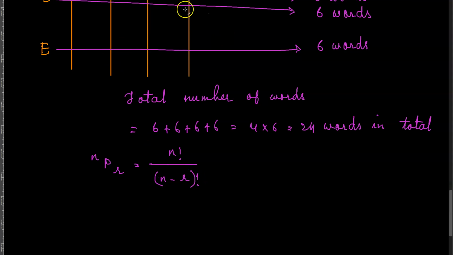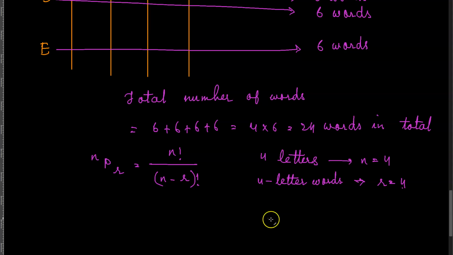For example, in this example, you have 4 letters. You want to create 4-letter words, and so you can say that your n is equal to 4 and your r is equal to 4.